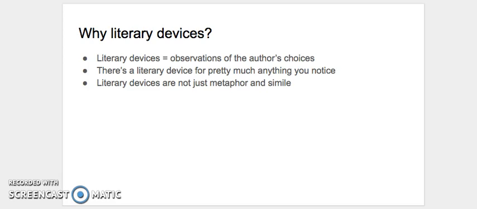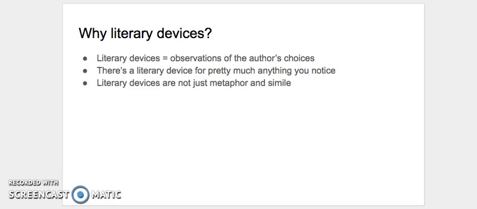You need literary devices because they are ways that we identify what an author has done in his or her text. Literary devices are essentially just observations of the author's choices, recognized in more formal language. There's a literary device for pretty much everything because we have to be able to name pretty much any type of thing we can observe in a writing piece.